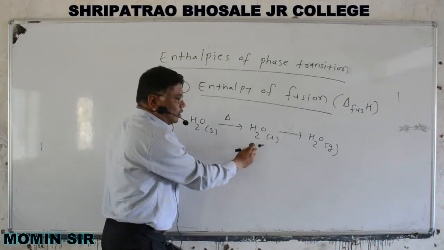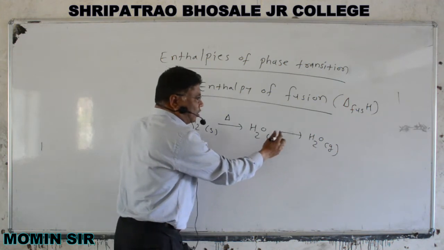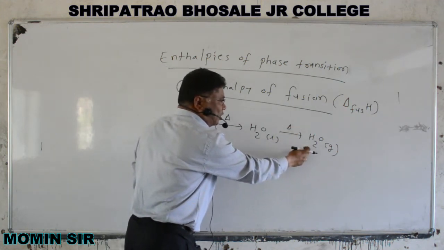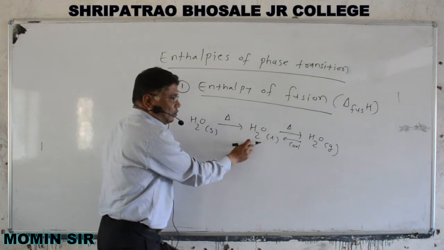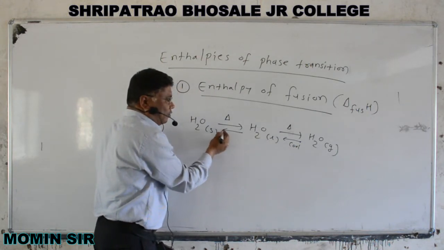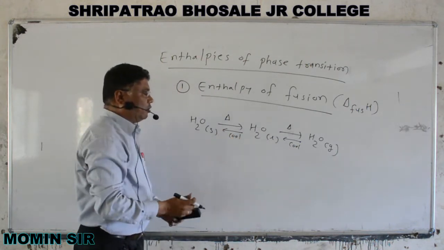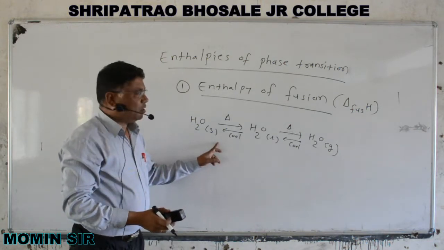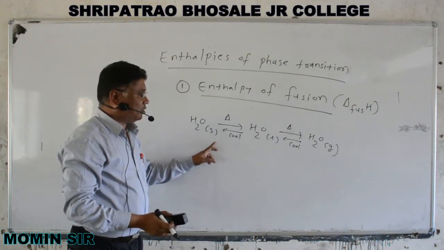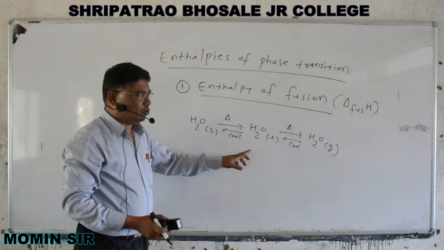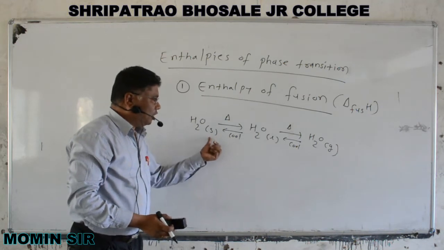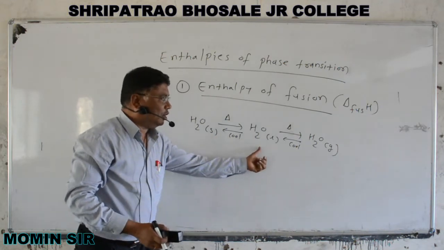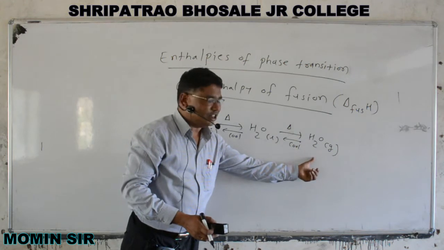Liquid water after heating is converted into water vapor, that is H2O gas. When we cool water vapor, it is converted into liquid water, and when liquid water is cooled, it is converted into ice. This is called phase transition. One substance is converted into another phase: solid phase into liquid phase, and liquid phase into gaseous phase.